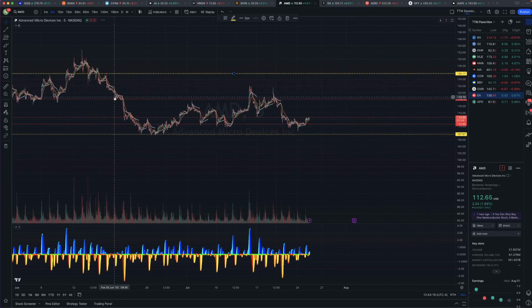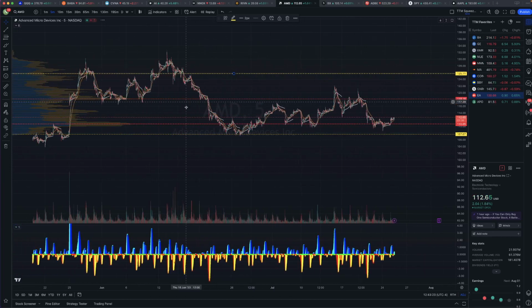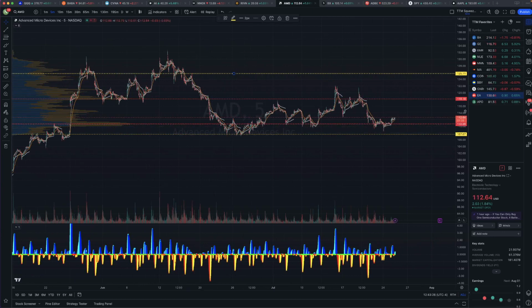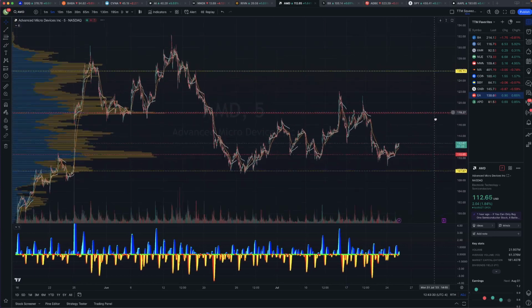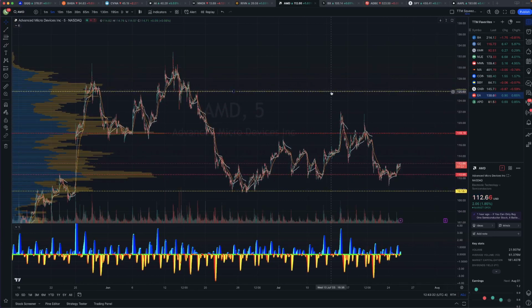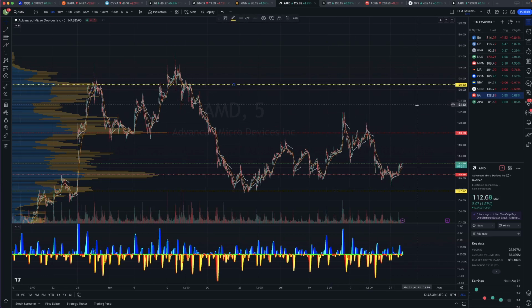Let's just make sure they match up on a smaller time frame. That's a 5-minute. Yeah, you can see they match up. And this one here is less clear. This one might be up here at 126.90. But those are your largest levels.